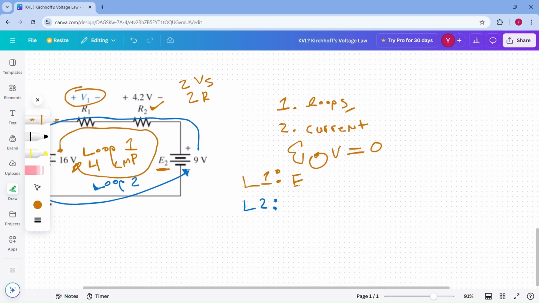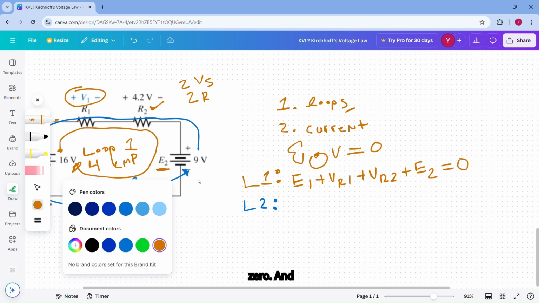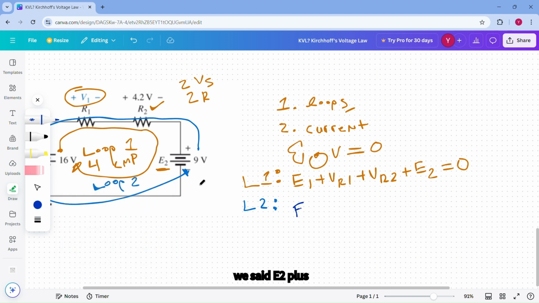So E1 plus V1, we can say VR1 plus VR2 plus E2 must equal 0. And then let's also write loop 2. We said E2 plus VR2 plus VR1 plus E1 equals 0.